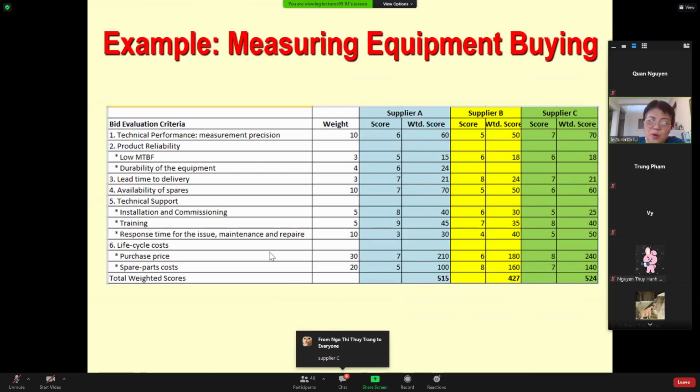You have a total weighted scoring after you do all the evaluation, and then you will define who is the best supplier in your case. Yes. Okay.